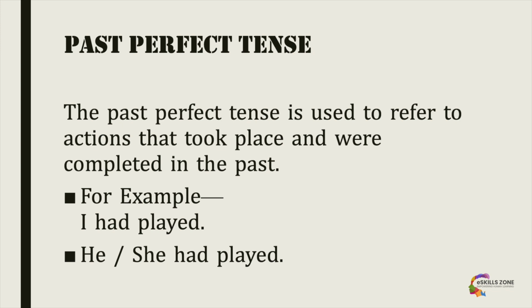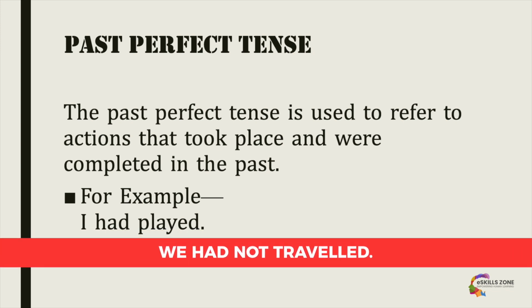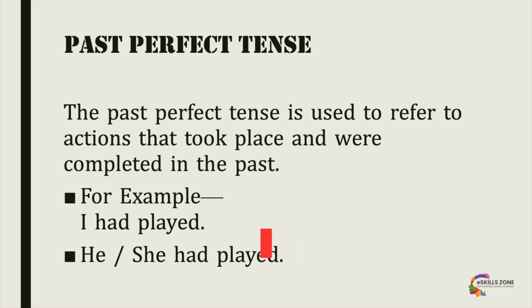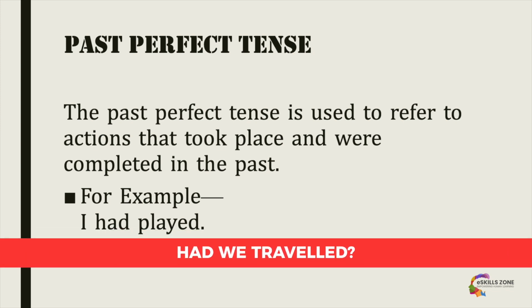So you need to convert this sentence into negative, and then the positive sentence will be converted into interrogative. So the sentence which I've given you, we had traveled, will become as negative sentence, we had not traveled. And interrogative form of this positive sentence will be, had we traveled, question mark.